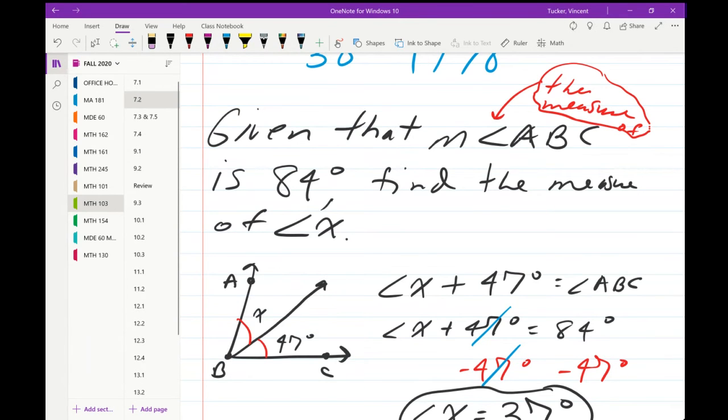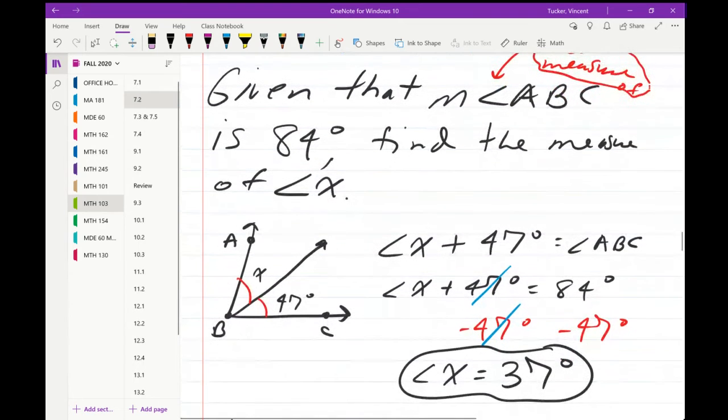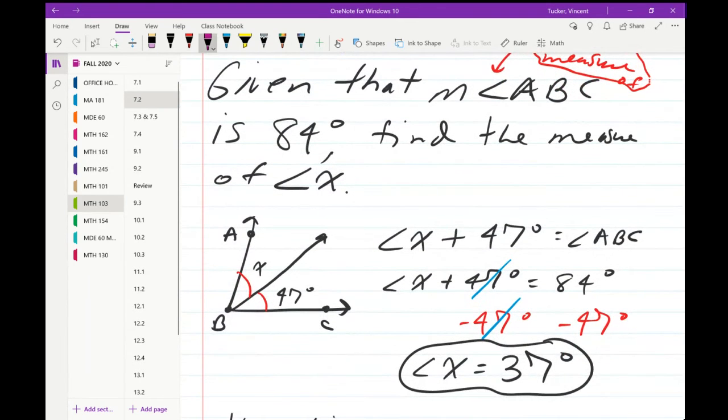Just like before, you don't necessarily have to set it up as an equation. If you already know what to do, then that's fine. But this is just the process of setting up an equation. You know that this X plus this 47 is going to equal ABC. So you subtract 47 from that 84 degrees, and 37 is what X is equal to.